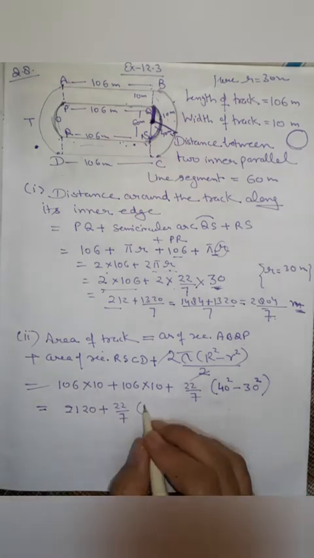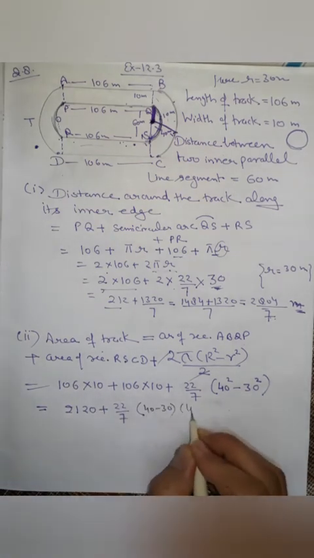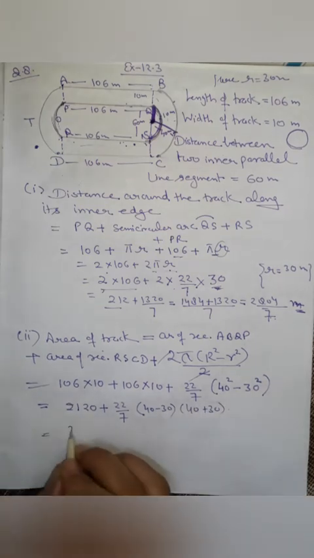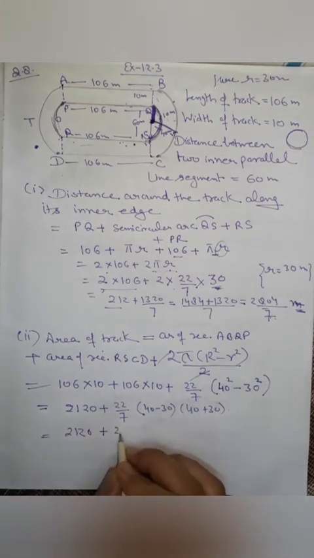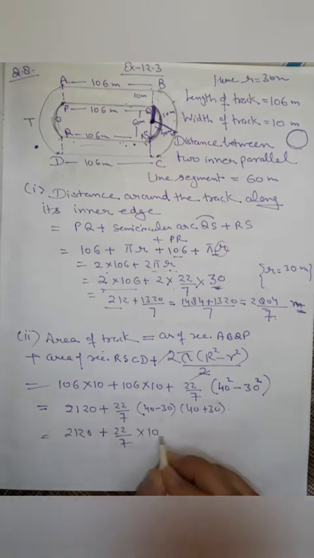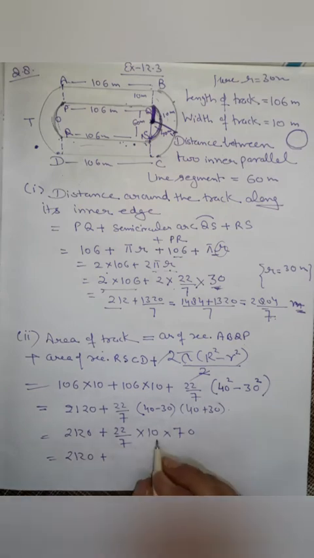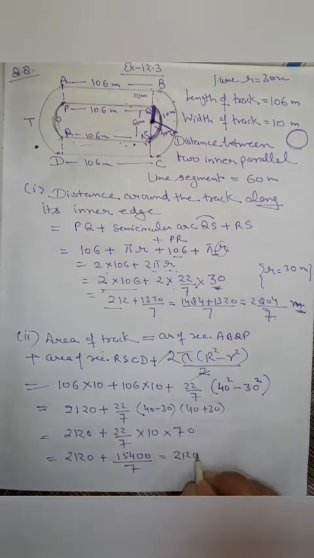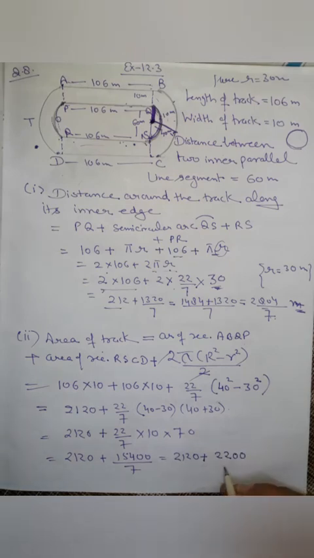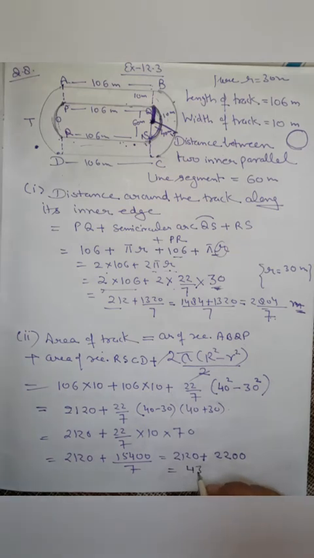If you apply the identity, 40 minus 30, 40 plus 30, so 2120 plus 22 by 7 times 10 times 70. If you solve it, you will get 15400 upon 7, so 2120 plus 2200, that will be equal to 4320 meter square.